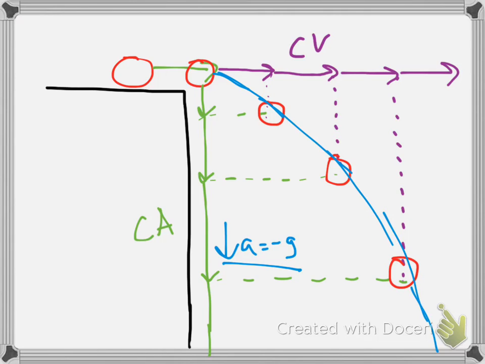Okay, but if we have the exact same acceleration in the vertical direction, and we don't change the height of the table, then that means it should take the exact same amount of time to fall, no matter how fast this thing is coming off.